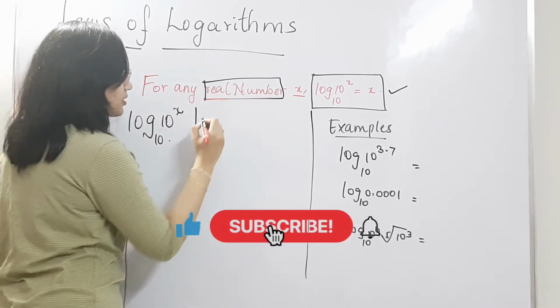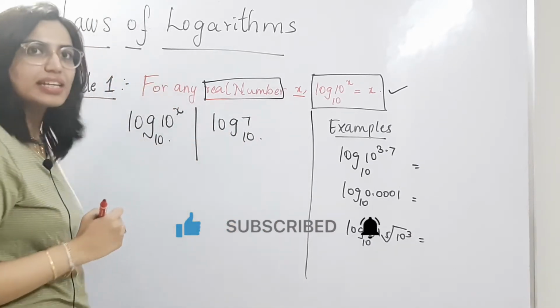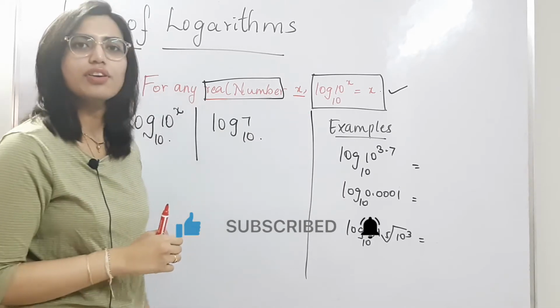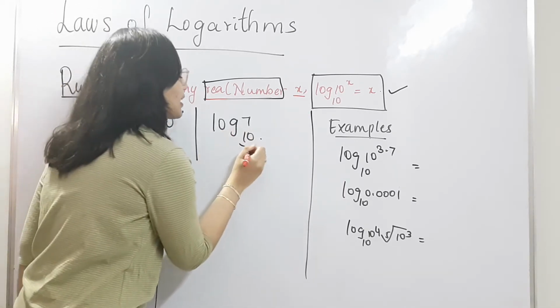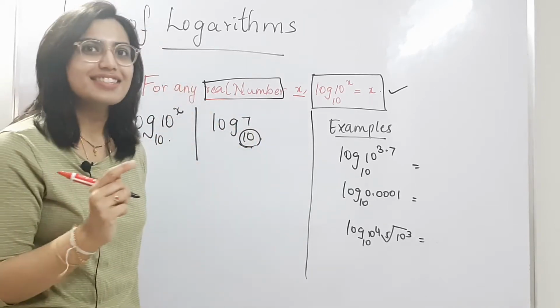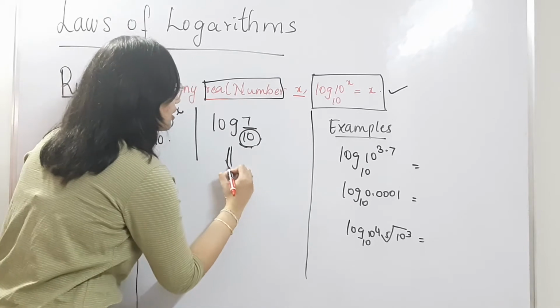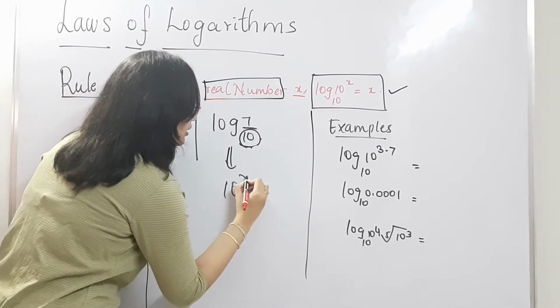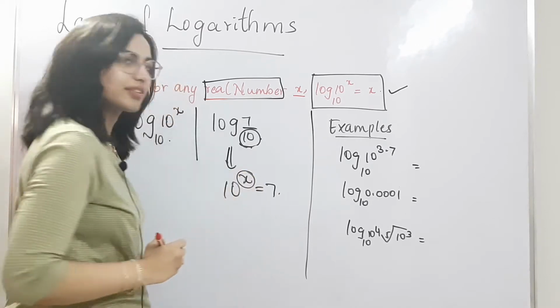By definition of logarithm, we know that it asks to what power must 10 be raised in order to get 7. That means, in short, 10 to the power of x is equal to 7, and we are trying to find x here, right?